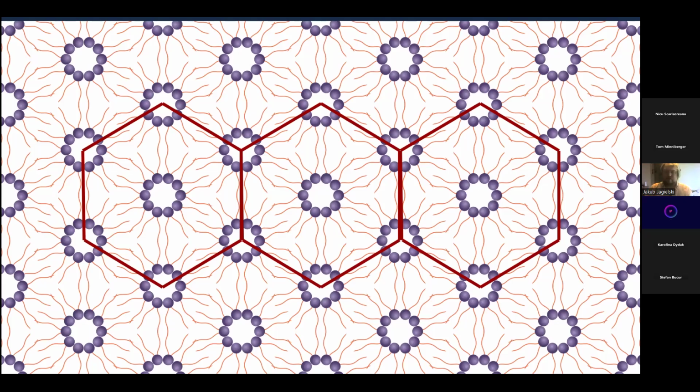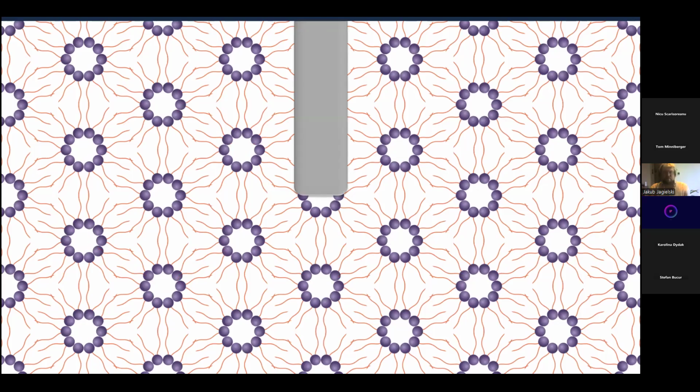Each water channel is surrounded by a ring of lipid head groups pointing inwards with the tails extending outwards. However, this is what we call a bulk structure.